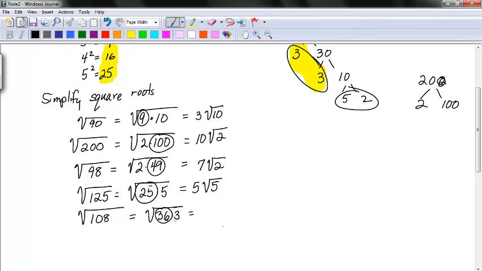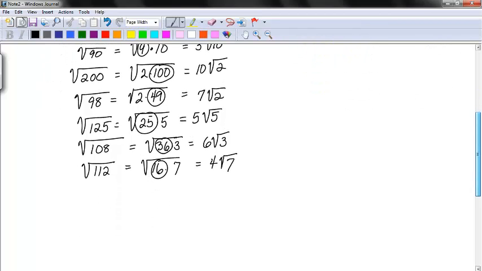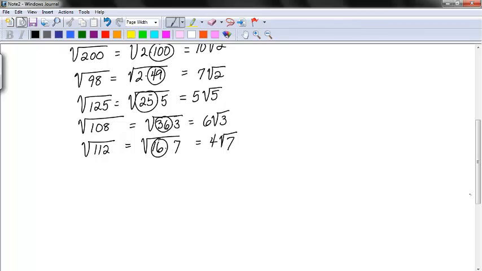And out of this you can take out a 6. Another one like square root of 112. Largest perfect square inside there is 16. And out of that you can take out a 4. So some of that goes back to review a little bit of your Algebra 2. But it's been a while since you've done square roots.